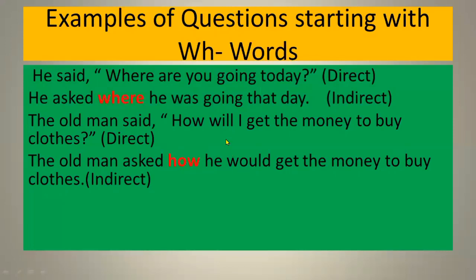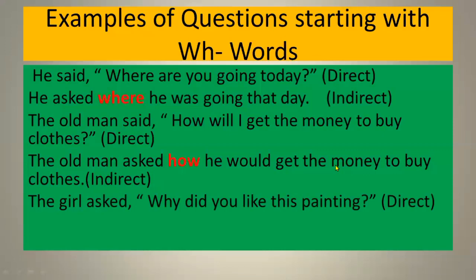For the rest of the changes, will has been changed into would. This pronoun of first person has been changed into pronoun of third person. So look at the question in indirect narration: The old man asked how he would get the money to buy clothes.